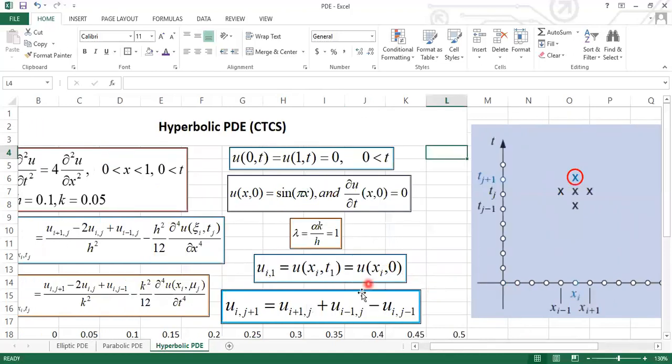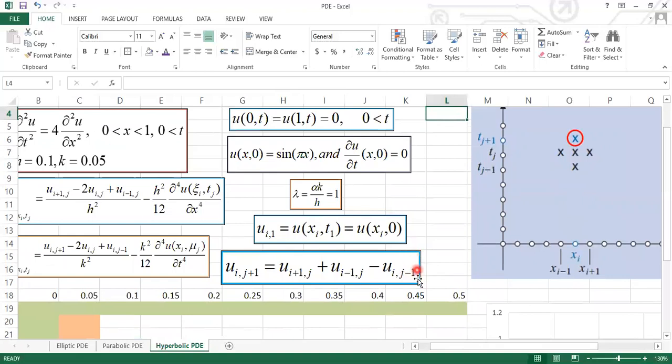Like the expression over here, this expression is specific to this particular problem. Here we do not have the index u(i,j). This point is not there. That is due to the cancellation or the value of lambda. So it means a value at a point can be generated by using the values at previous 2 steps. So that is the problem, that we can only have the values at the previous step.